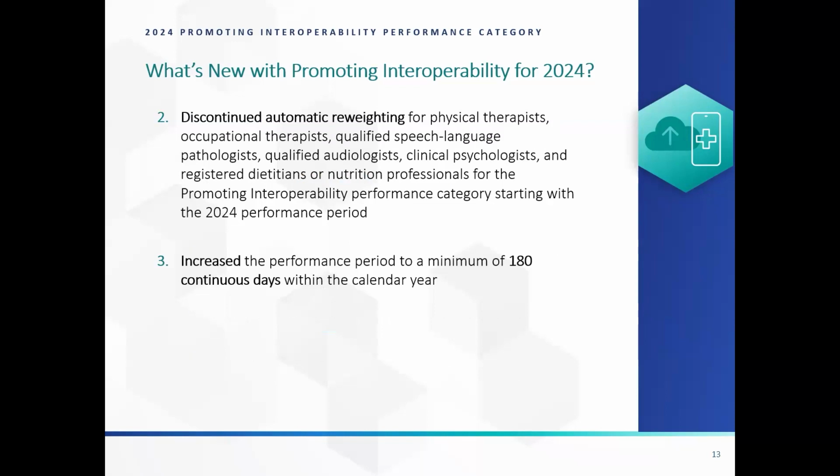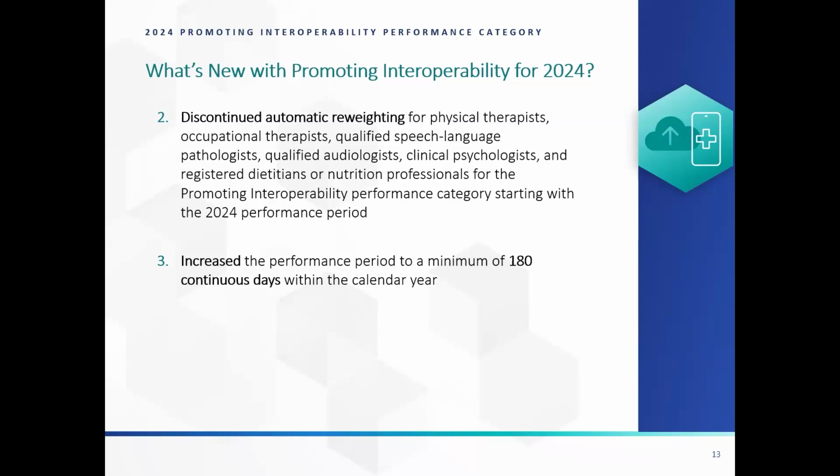So we used to do a lot of reweighting, which means that the 25 points assigned to promoting interoperability get reassigned to another performance category. Essentially, we did this for many of the different clinician types that were not eligible for the EHR incentive program. So in the rulemaking, we discontinued the automatic reweighting for all of these different types.